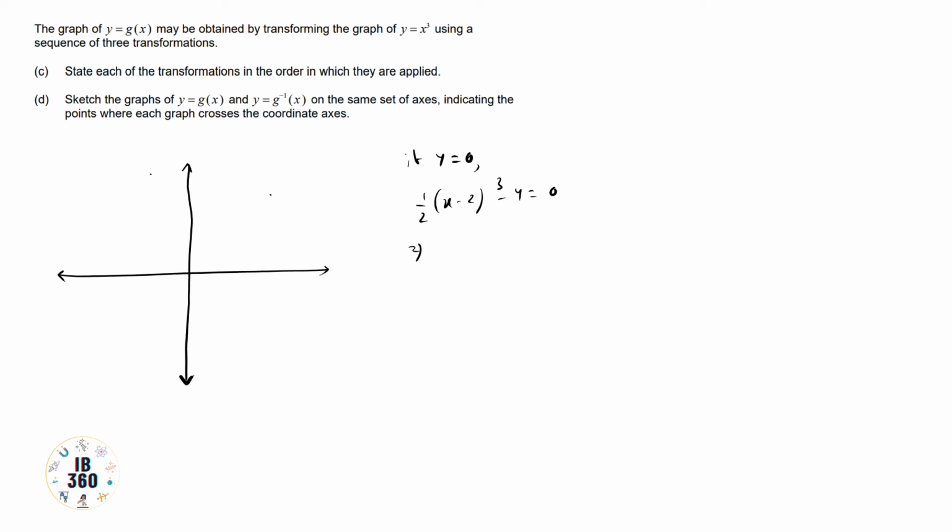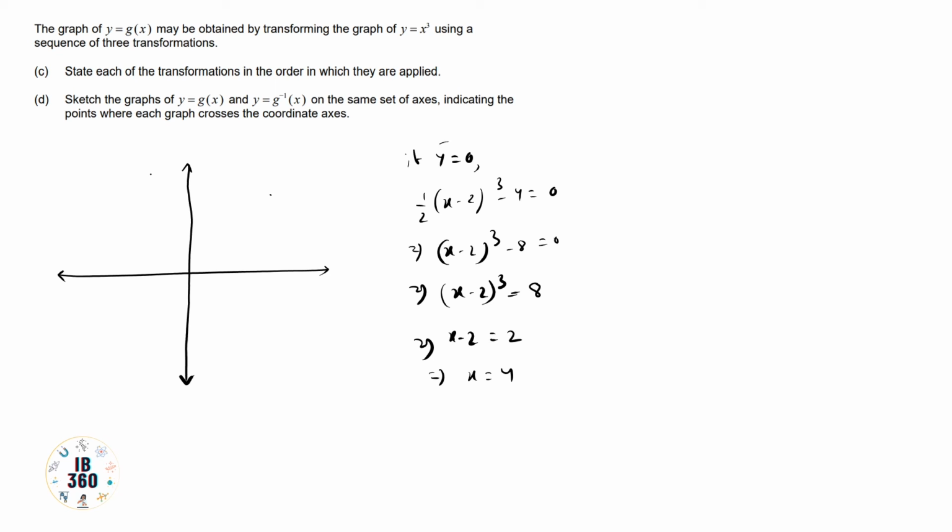From here we get (x minus 2) whole cubed minus 8 equals 0, so (x minus 2) whole cubed equals 8. Then obviously x minus 2 equals 2 and x equals 4.